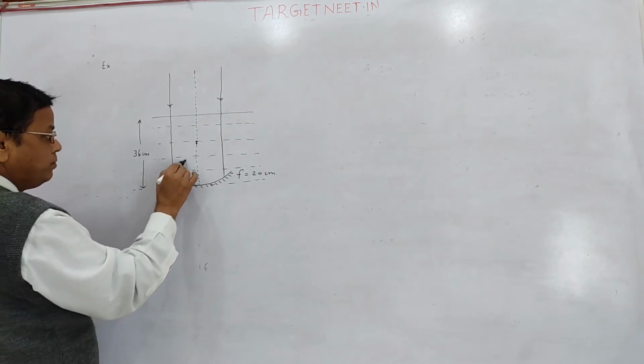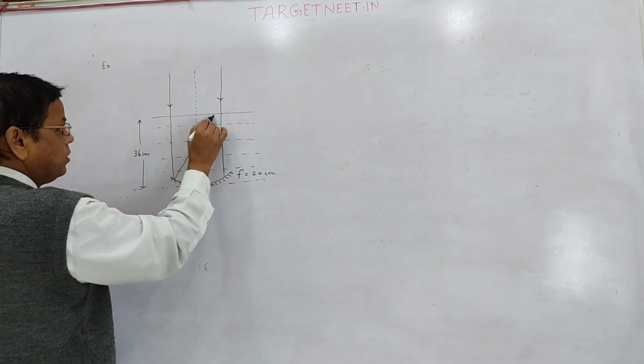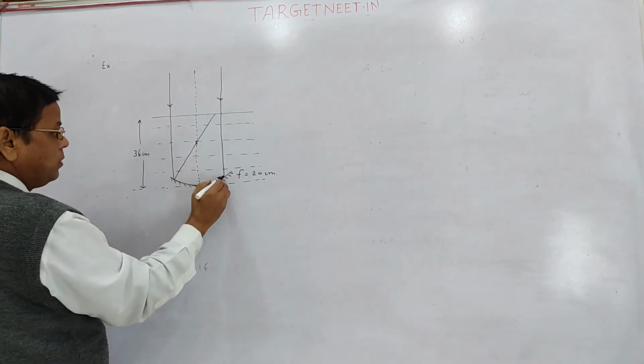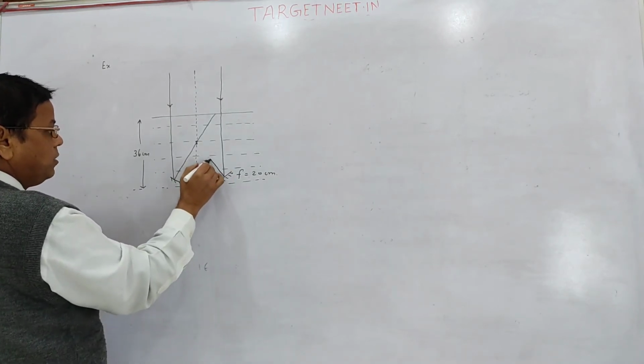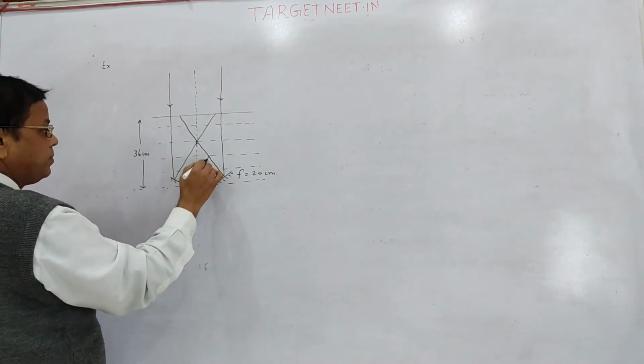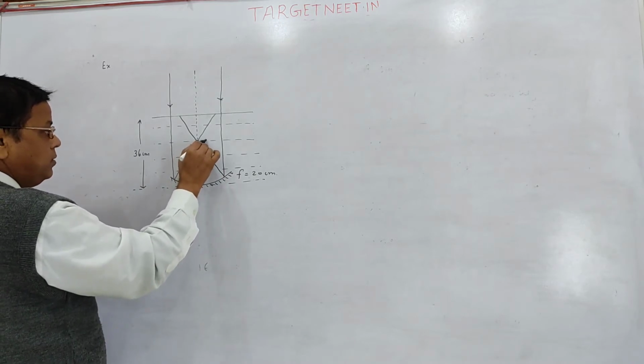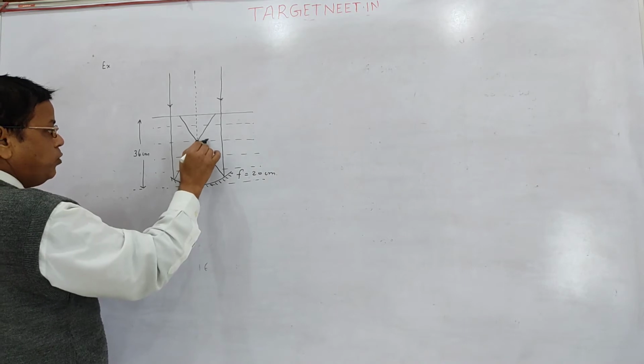After reflection the ray will pass through the focus like this. Similarly after reflection it will pass through the focus like this. So the image is going to be formed here. This is the image formed by the mirror.